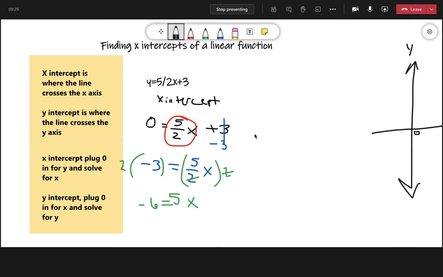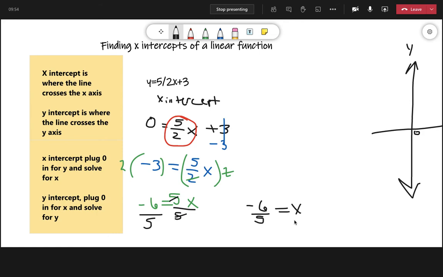We still need to solve for our x value. The 5 is multiplying. We're going to do the opposite. We're going to divide by 5. Negative 6 divided by 5 is just negative 6 over 5, and 5 divided by 5 is 1. So x is equal to negative 6 over 5. Now remember, always write this as a point.